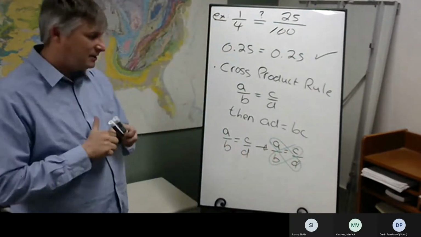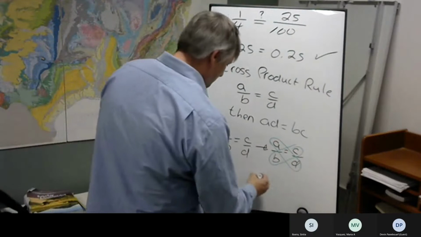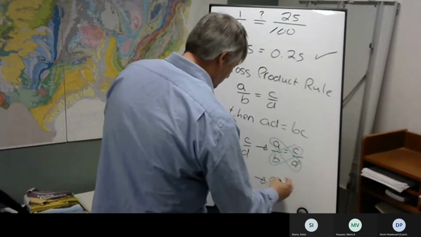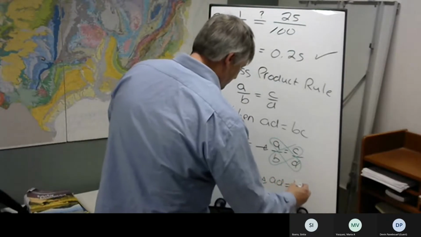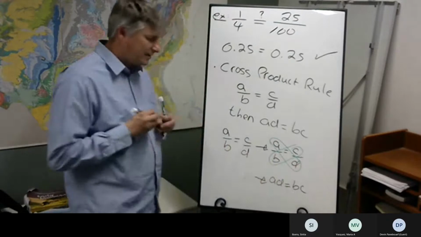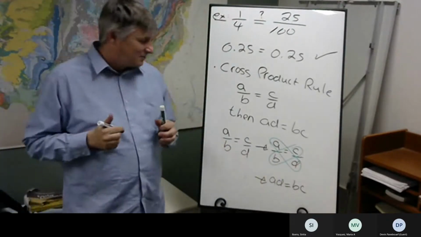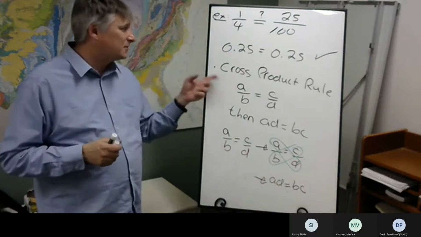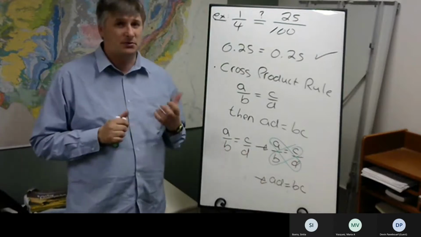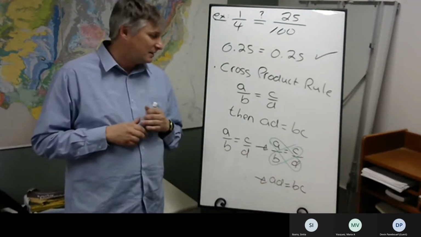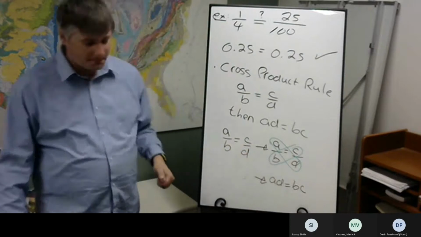A times D equals B times C. So that's another way of thinking about it. And this is going to be a trick we're going to use with this percent formula. Now let me verify this one for you.